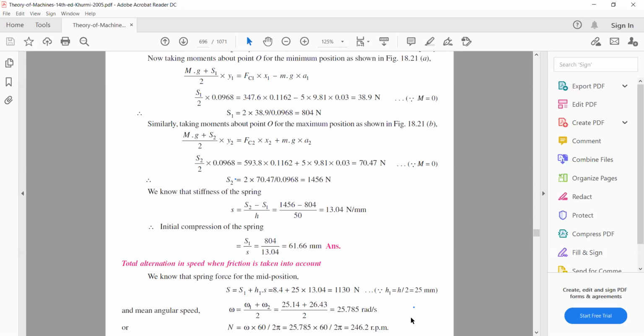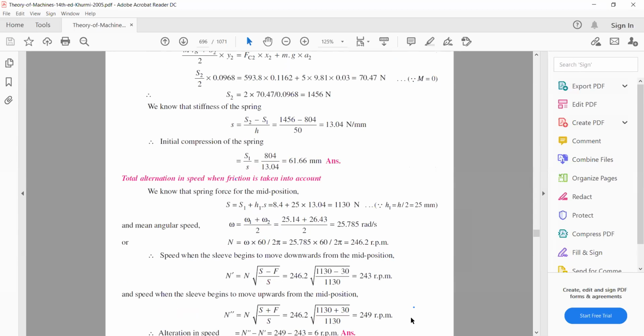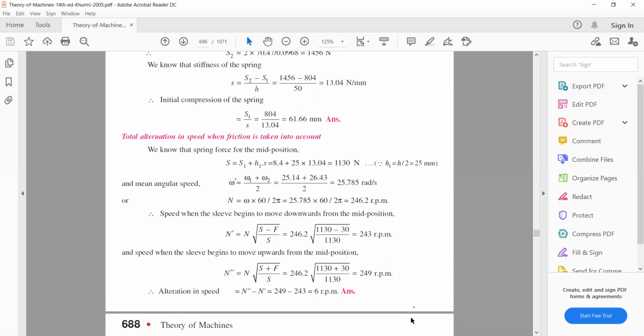Another value to determine is the total alteration in speed when friction is taken into account. For that, the spring force at the mid position, capital S, equals S1 plus H1 into S. S1, H1 and S are all known, so substituting the values, capital S equals 1130 newtons.